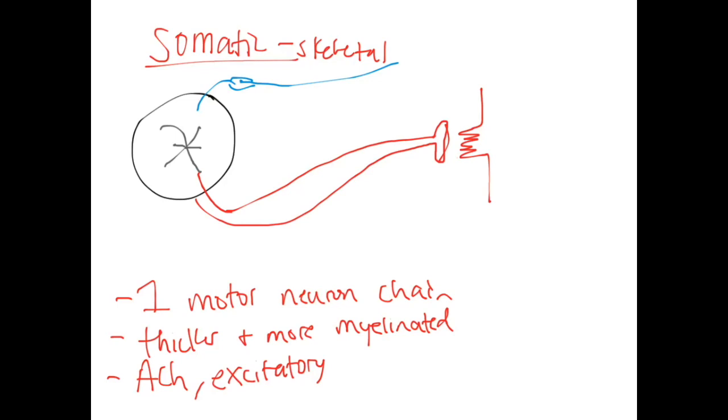So if we're trying to conserve energy, we aren't going to use this synapse to activate something consciously unless we really want to do that. So it wouldn't make sense that acetylcholine would be anything else other than excitatory or depolarizing, because we're not going to just activate skeletal muscle for no reason. You have to consciously think about that, and it's going to use this excitatory neurotransmitter, because when you think about actively contracting the skeletal muscle, you want it to contract. So you always want it to be excitatory.